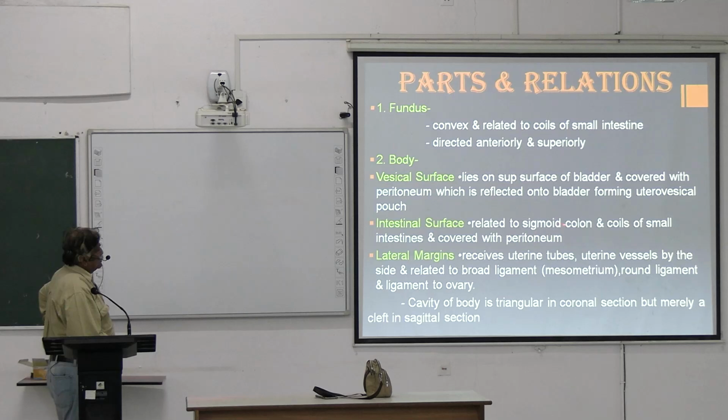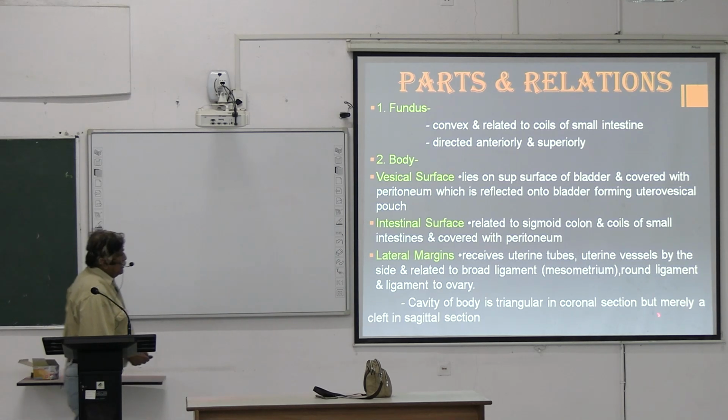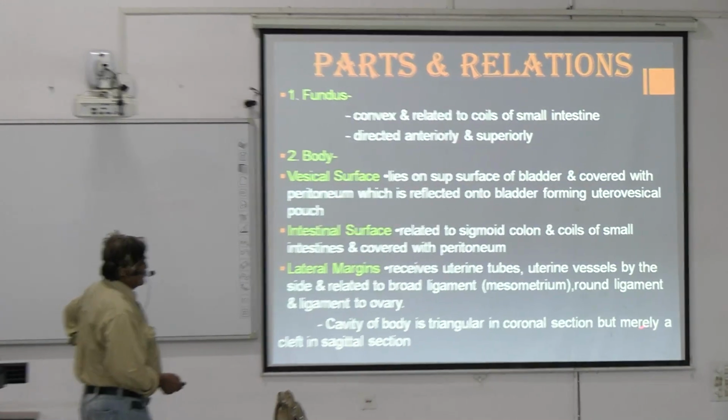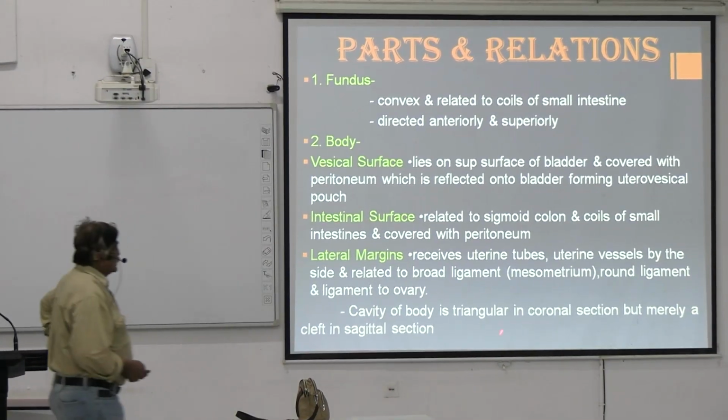Intestinal surface related to the sigmoid colon and coils of small intestine, covered with peritoneum. Lateral margins receive uterine tubes, uterine vessels by the side, and are related to the broad ligament, mesometrium, round ligament and ligament of ovary. Cavity of the body is triangular in coronal section, but merely a cleft in the sagittal section.